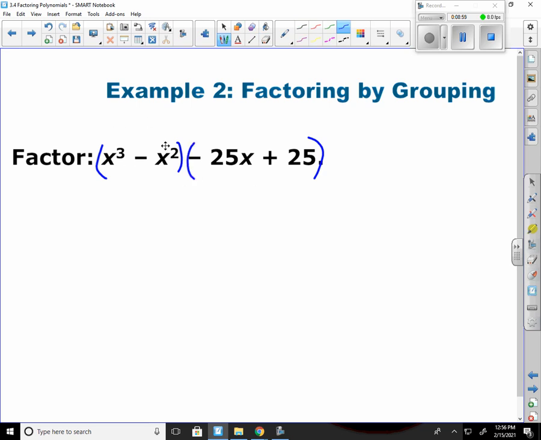Okay, so the first thing I need to do is figure out what goes into both x to the 3rd and x squared. Remember, x to the 3rd is x times x times x, and x squared is x times x. Means I can pull 2 x's out because there's 2 x's in each. So I'm going to pull an x squared out. That leaves 1 x in front.